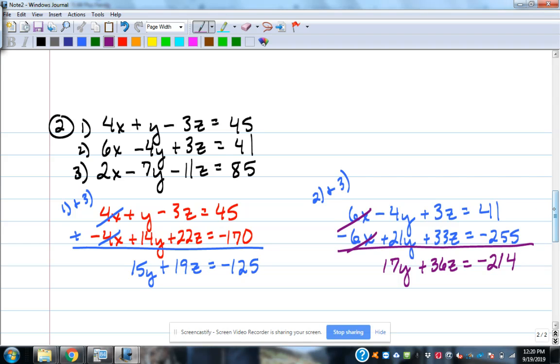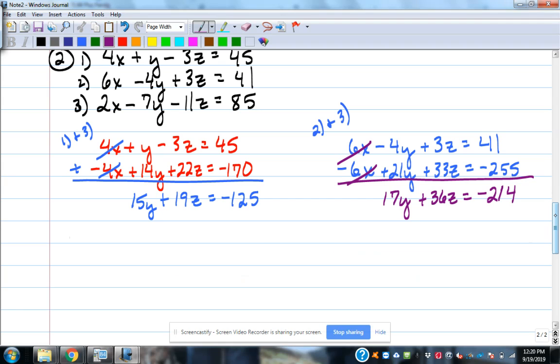All right, so I'm going to take these two equations that have two variables and put them together as a system and try to do something to get rid of one of those variables. All right, do we know anything in common between 15 and 17 or 19 and 36?